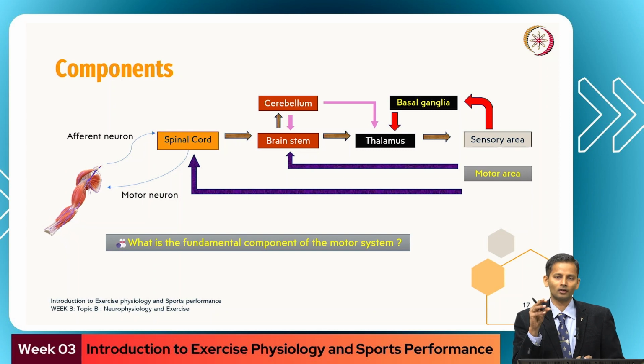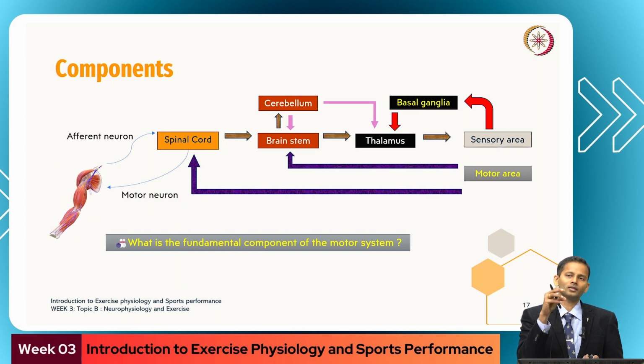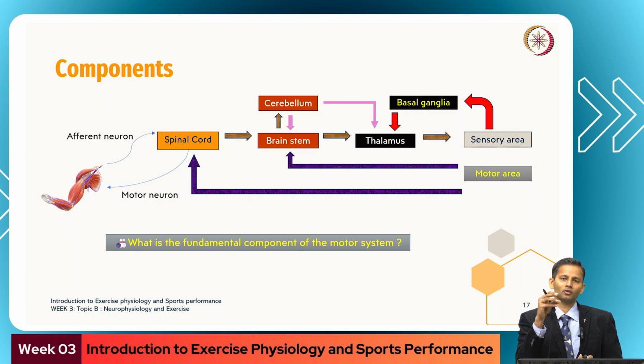And at the spinal cord level these informations are relayed, and from that point it is carried by a set of specifically identified neurons called the motor neuron, which supplies a group of muscle fibers to perform that particular task of that particular activity.